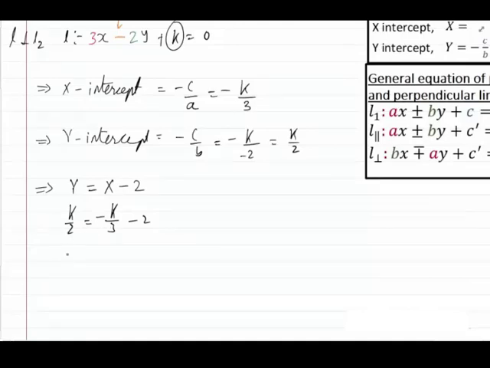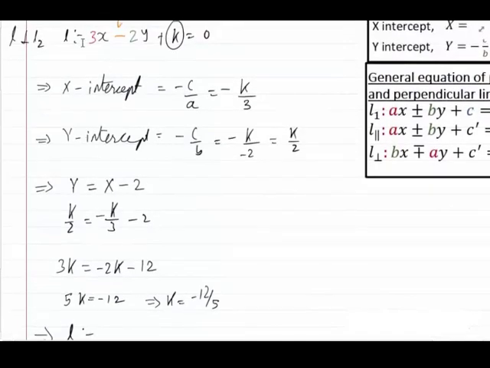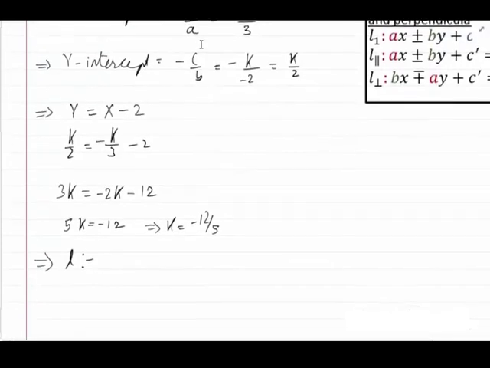Simplify this. The LCM will be 6, so it will be 3k is equal to minus 2k minus 12, or we can say 5k is equal to minus 12. So we will get k is equal to minus 12 by 5, which is the last information to get the equation of L. We already know that L is 3x minus 2y plus k.